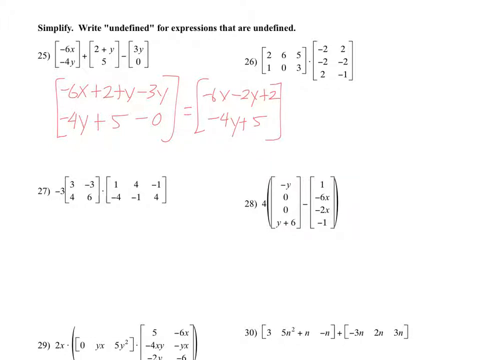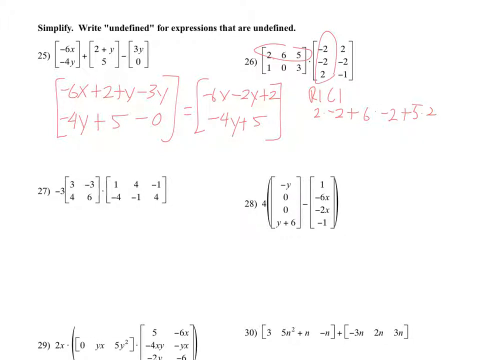For number 26, when we are multiplying matrices, we're going to multiply row by column. And the first thing I might do is row 1, column 1. So that's row 1 and column 1. I'm going to multiply these things together and do 2 times -2 plus 6 times -2 plus 5 times +2.